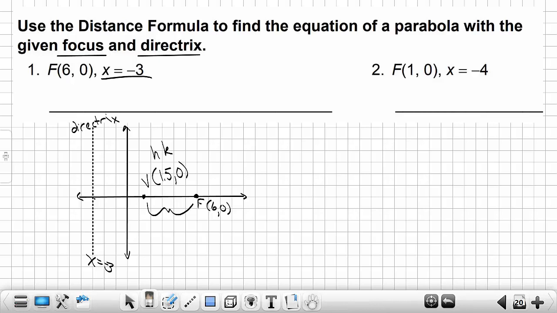Mathematically, if two things are the same, do we know? Equality. They equal each other. You say, of course they would. So we can say 1 over 4a equals 4.5.